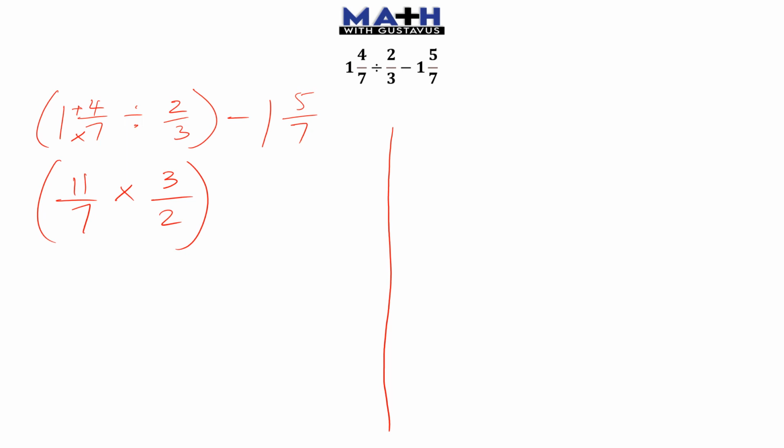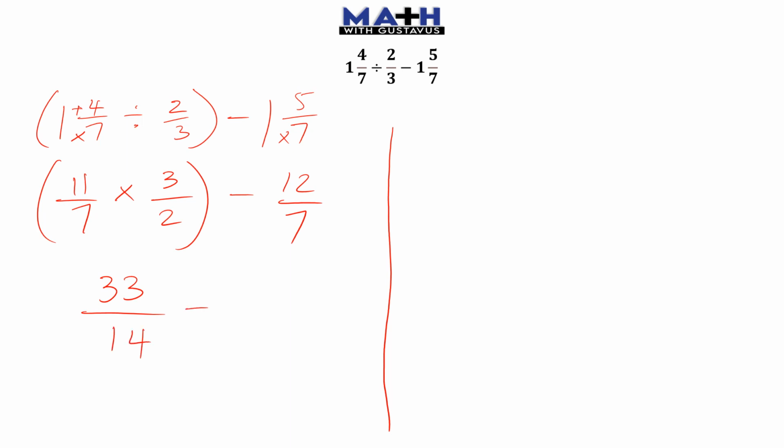Keep that in parentheses, and then 7 times 1, which is 7, plus 5, that will give us 12/7. Now guys, in bracket we are multiplying, and when we're multiplying, we look to reduce. Right here, I don't see anything that we can reduce, so we can multiply the numerators first. So 11 times 3, that's 33. Then 7 times 2, that is 14.